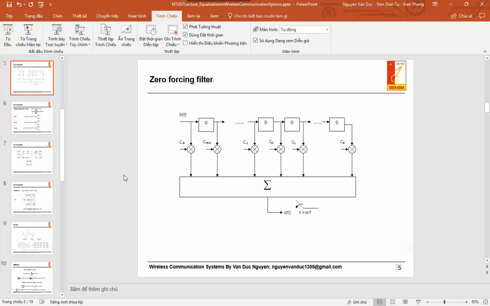However, in this filter, you do not deal with the additive noise. So this filter does not have a function to reduce the noise. It is the inverse filter, that is an inverse operation, the inverse of the channel matrix.